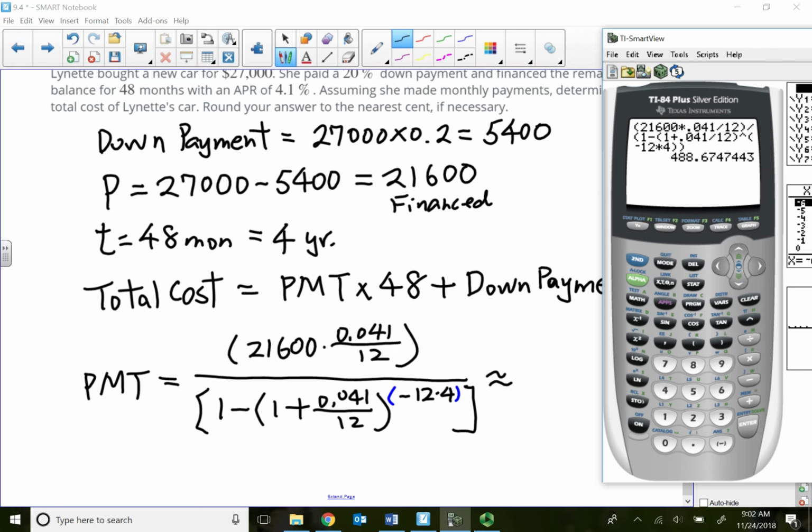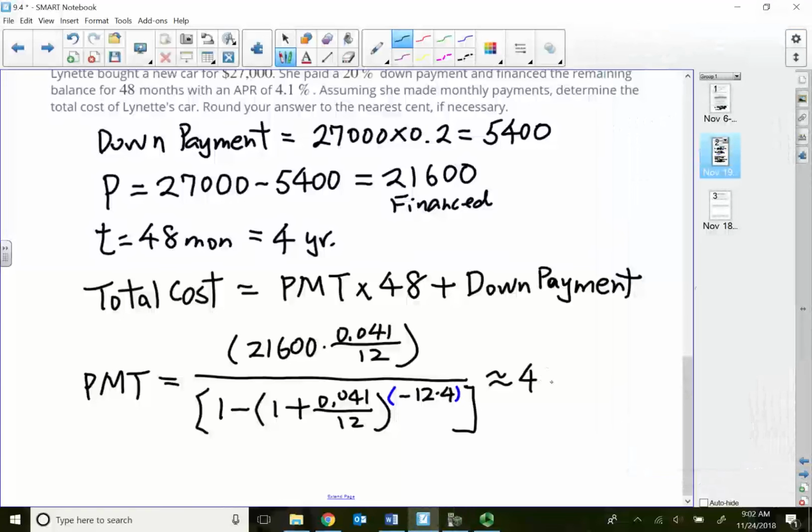Her monthly payment is going to be estimated at $488.67. So this is her monthly payment.